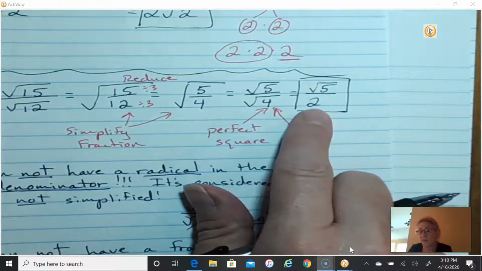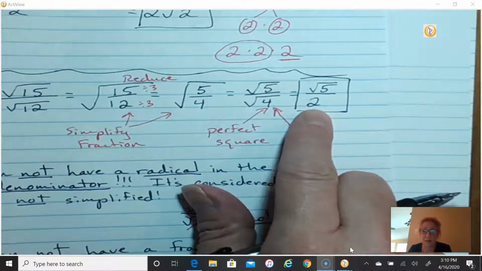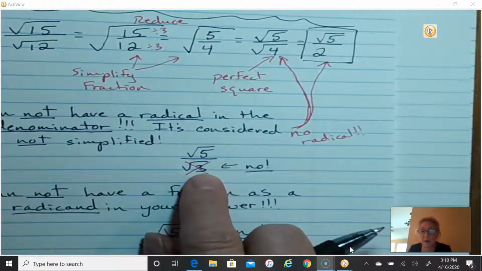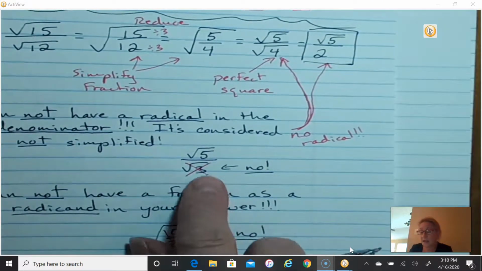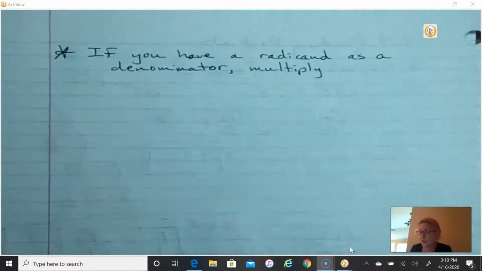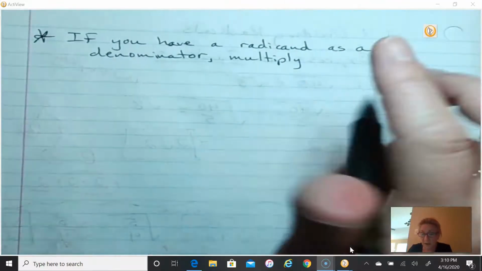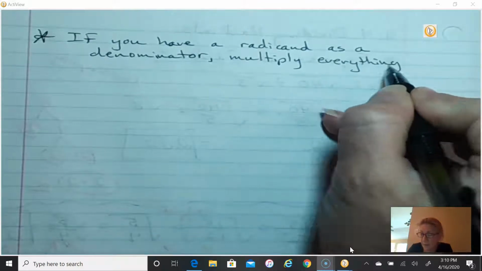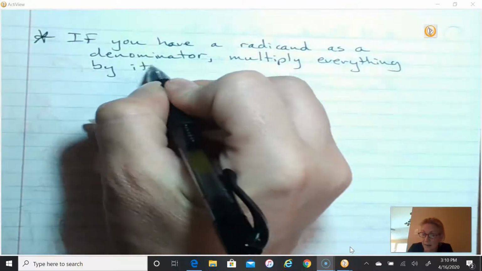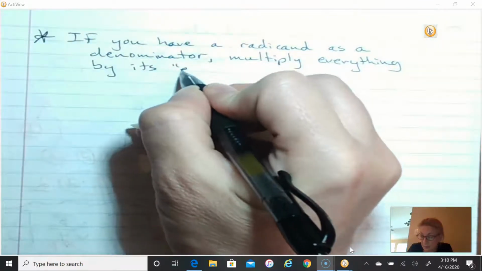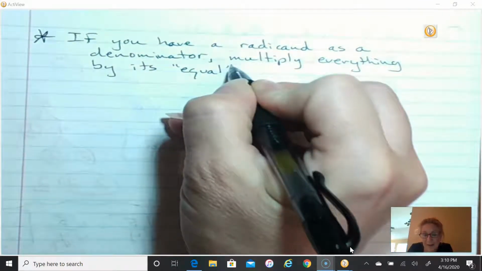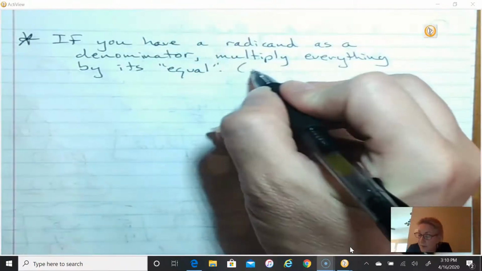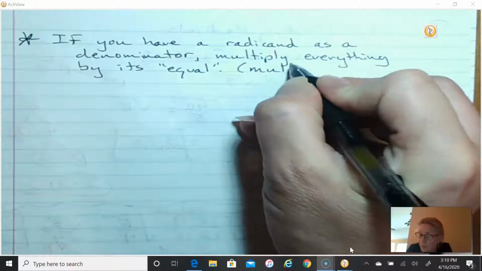Well, this was a perfect square, so we're able to just make it 2. But if it looked like this, where that is not a perfect square, this is how to get rid of that radical 3. You're going to multiply everything by its equal, mainly by itself. Your book has funny ways of telling you what to do.